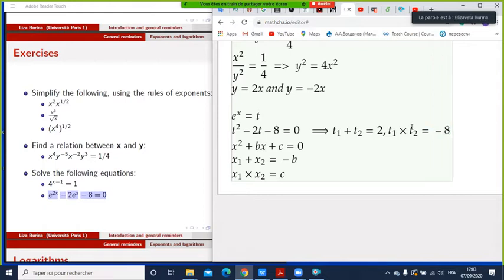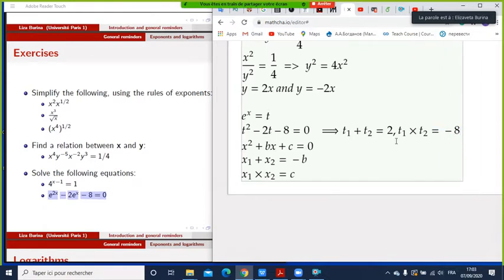So now what we have to do is find two numbers whose sum is 2 and the product is minus 8. So certainly they have different signs because the product is negative. The sum is 2, and how do we get 8 as a product? Well, it should be 2 and 4, and one of them is negative, and it's gonna be 2.